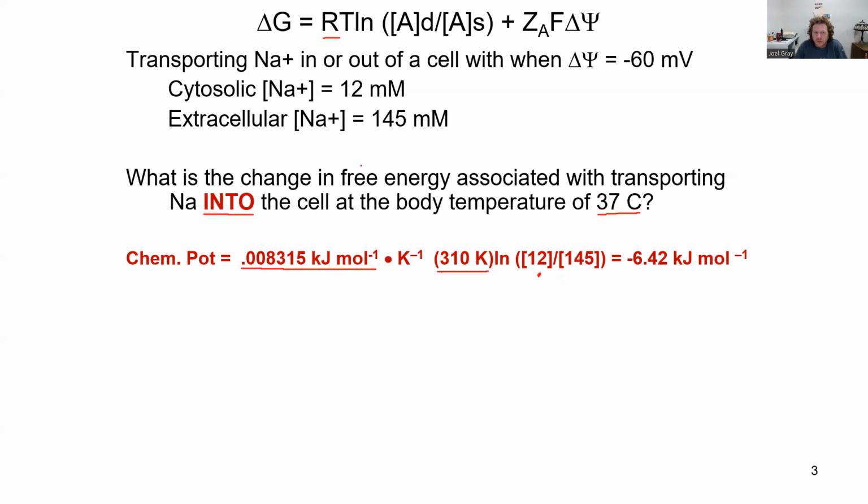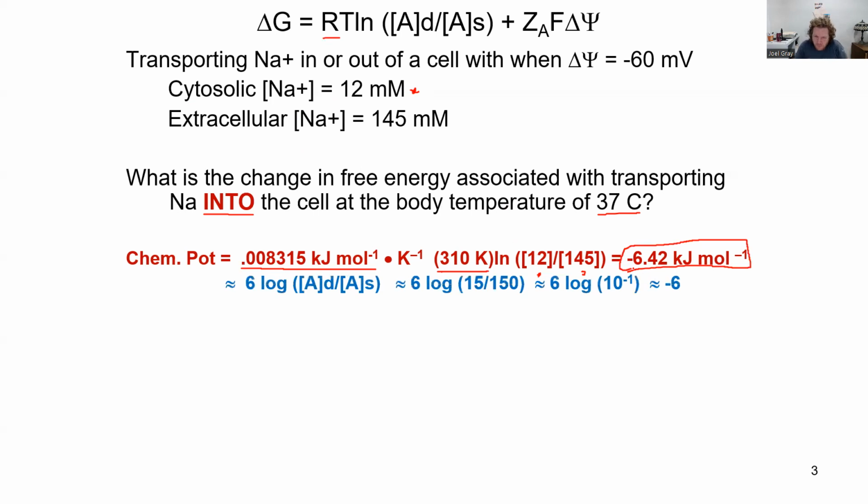The destination is the cytosolic space because we're going from the outside in, so 12 divided by 145, which is equal to negative 6.42 kilojoules per mole. If you round these numbers, it might be a little easier to play along if you feel comfortable with these log calculations.